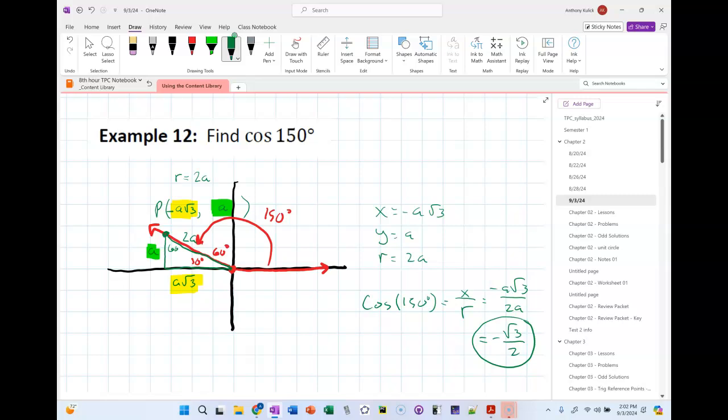It was where we chose to put P, right? P could be anywhere on that terminal side. We had our choice as to where to put it, right? This could get a little bit nicer if we standardize that choice. If we choose P the same way every single time, that's going to be the final piece to this puzzle.